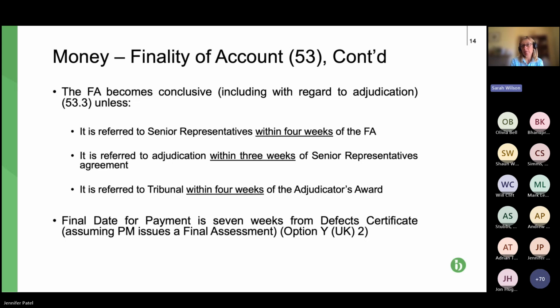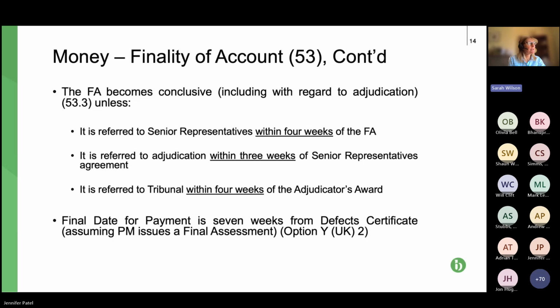And once the senior reps have dealt with it, it's then got to be referred to adjudication within 3 weeks of the senior reps agreement or lack of agreement. And then, of course, it's got to be referred to the tribunal, so the court or arbitration, within 4 weeks of the adjudicator's award. So this is my concern, that parties don't do that and they are deemed to have accepted whatever has been imposed upon them.